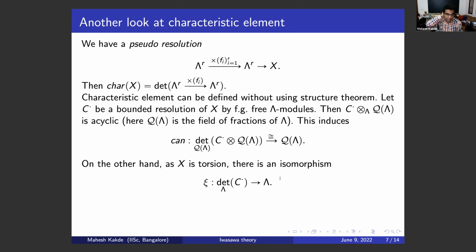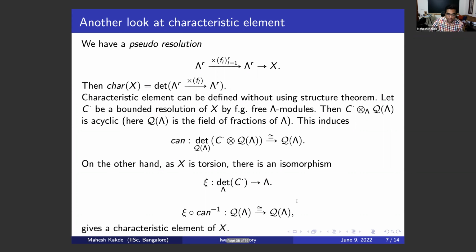Okay, and there's nothing canonical about this isomorphism. You just know that there exists such an isomorphism. There are many such things, as many as the units in Lambda. So this psi is well defined only up to a unit in Lambda.